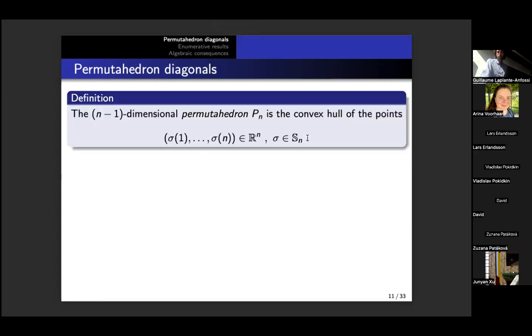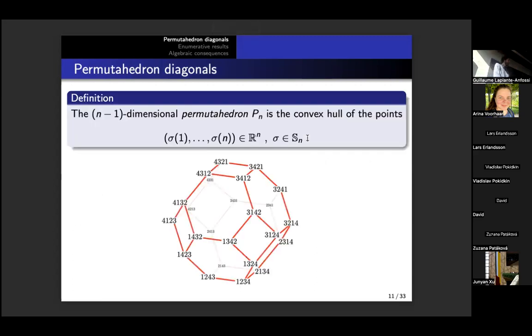So what we will be interested in is the study of the permutahedron. The permutahedron is this seminal object that appears everywhere because it encodes permutations, right?